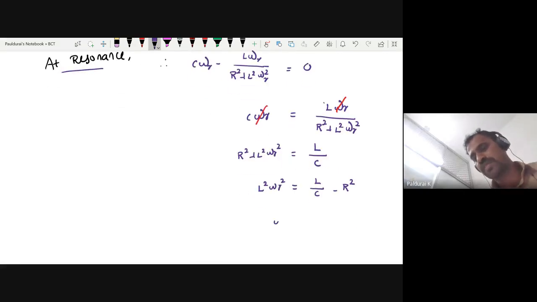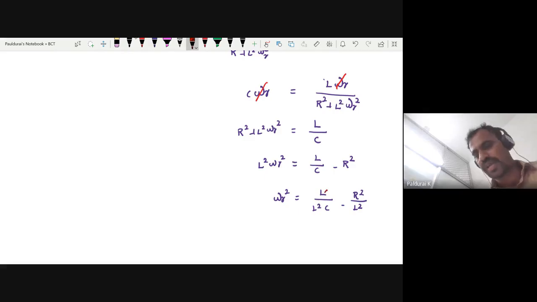So omega R squared becomes L divided by L squared C minus R squared divided by L squared. L and L squared cancel. So this is 1 by LC minus R squared by L squared. This is my omega R squared.